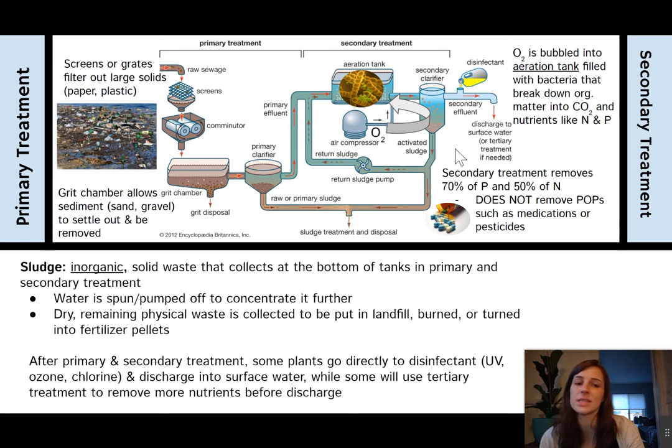By the end of the secondary treatment process, one thing to be aware of is that it only removes about 70% of phosphorus and 50% of nitrogen. So we are still going to have elevated levels of phosphorus and nitrogen being released with the effluent, assuming they don't have that tertiary treatment.